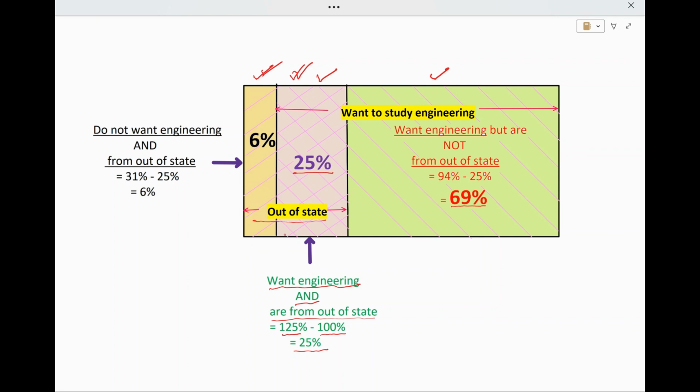As you have seen before, those who want to study engineering and are from out of the state, they constitute 25%. So the remaining out of 31, that is 31% minus 25%, which is 6%, and these 6% of the students do not want to study engineering and are from out of the state.